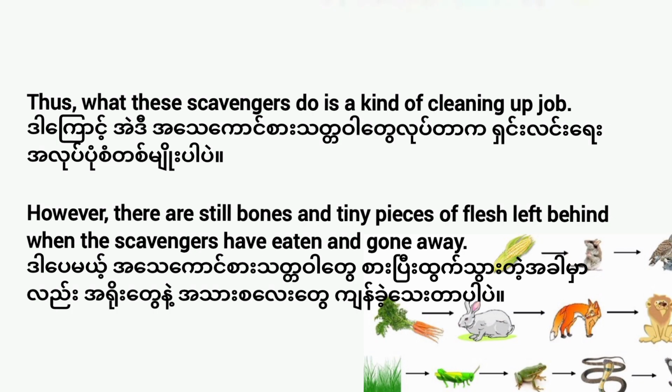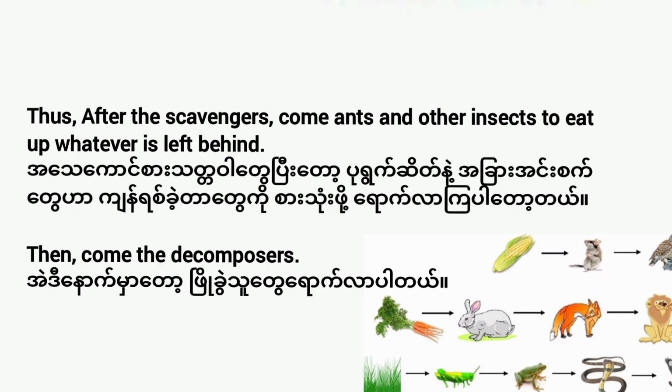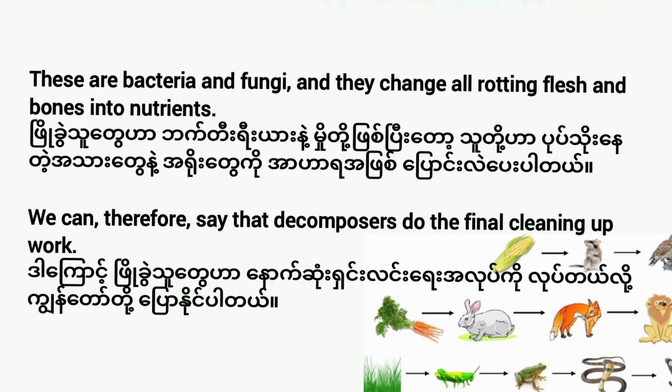However, there are still bones and tiny pieces of flesh left behind when the scavengers have eaten and gone away. After the scavengers come ants and other insects to eat up whatever is left behind. Then come the decomposers. These are bacteria and fungi, and they change all rotting flesh and bones into nutrients.